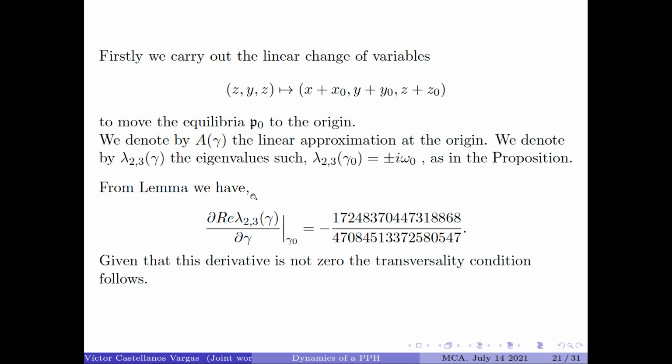By the lemma, the derivative with respect to gamma of the real part of the eigenvalues lambda 2, 3, evaluated at gamma 0, the bifurcation value, is this number, and this one is negative and distinct of 0. Then we have that the transversality condition holds.